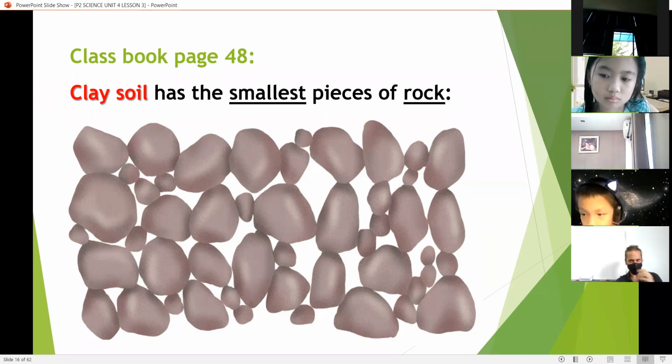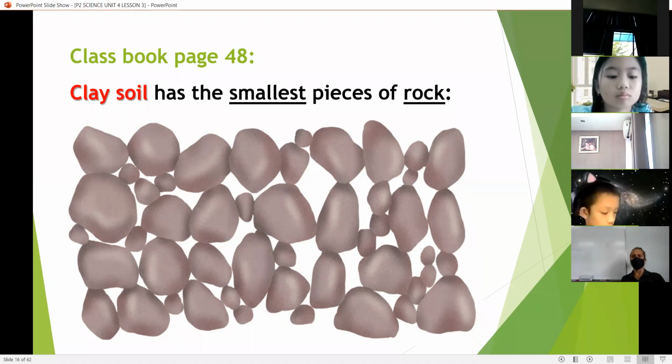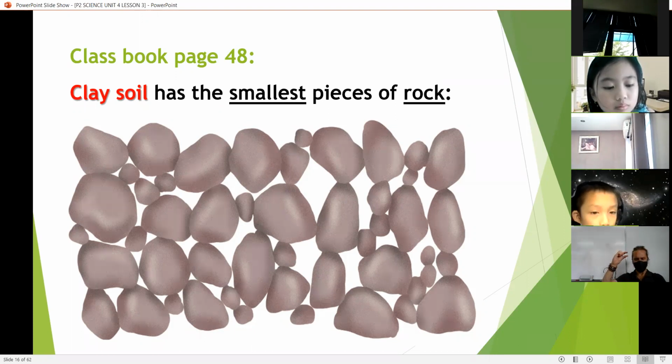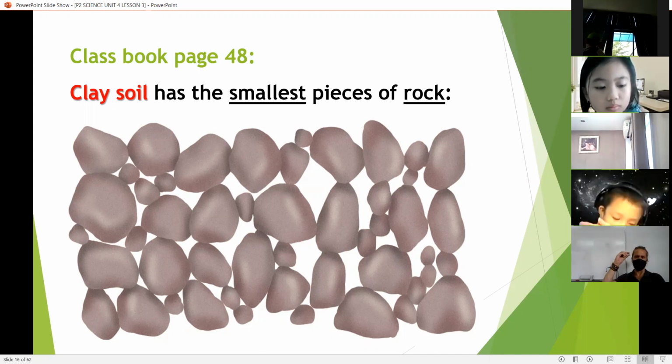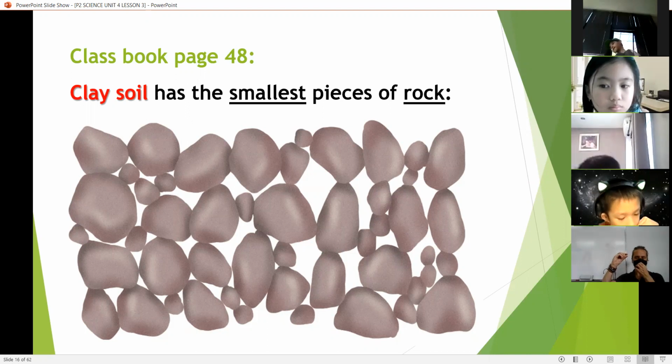So, sandy soil has the biggest pieces of rock, but clay soil has the smallest pieces. The rock in clay soil is very, very small.